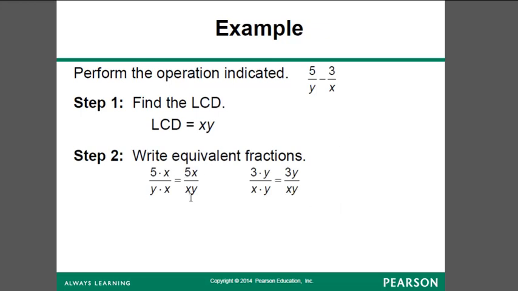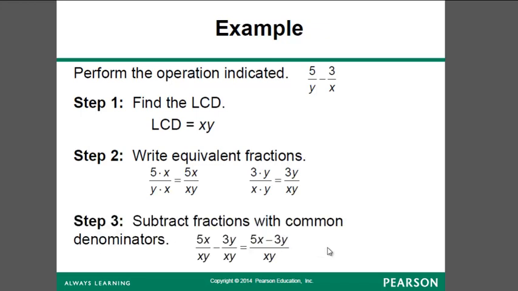And I get 5x over xy and 3y over xy. I subtract their numerators and leave my denominator the same. Now, whenever I subtract their numerators, 5x minus 3y, notice they are not common terms. Therefore, I cannot simplify them any farther.